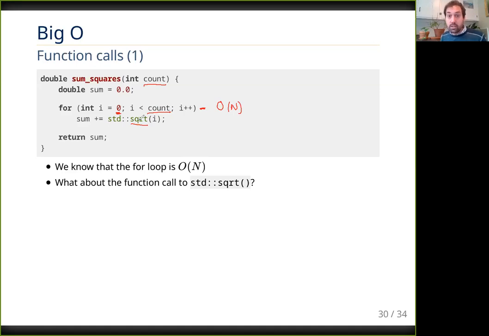If the square function is a constant function, like if it computes the square value regardless of the input size, then it would be constant, and overall this entire function would stay O of n. So that requires you, when you write code, to know what kind of function you're calling and to know their internal complexity in terms of running time.